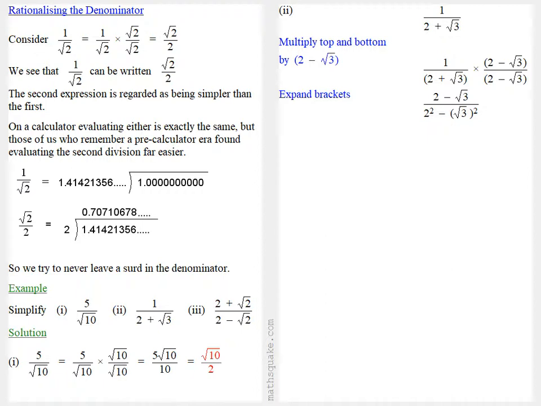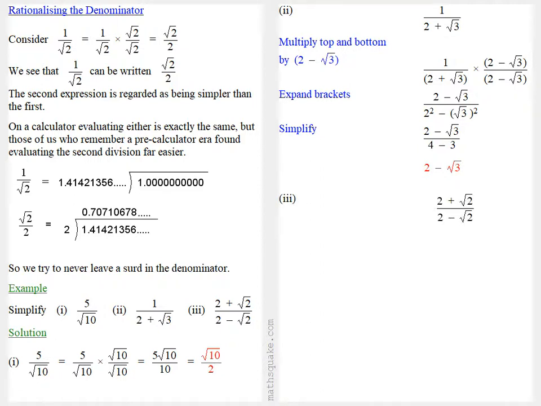And on the bottom we have 2 plus root 3 times 2 minus root 3. Now, because of the difference of squares, that can be written as 2 squared minus root 3 squared, which gives us on the top 2 minus root 3, but on the bottom 4 minus 3, which is 1, and so our answer is 2 minus root 3.